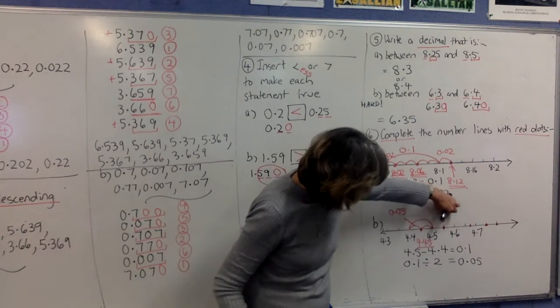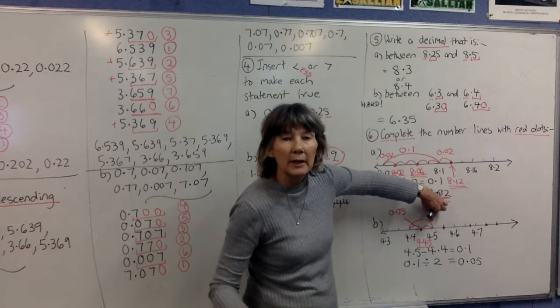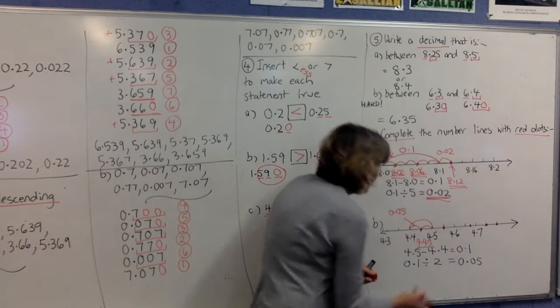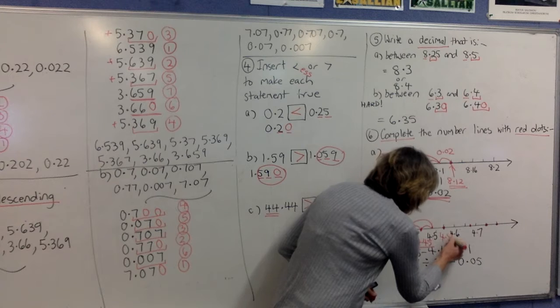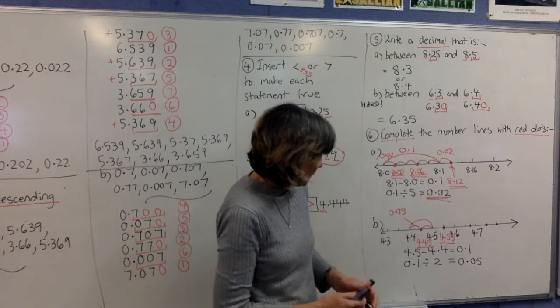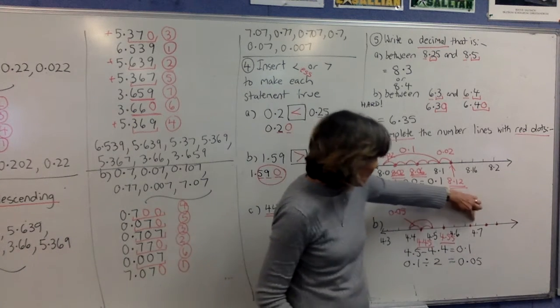Let's come over to this next red dot. I'm going to start at the 4.5, put that in your calculator, then do plus 0.05 and press equals, and your calculator will give you 4.55. All right, let's come back over to these last two and I'll come back to this tricky one here.